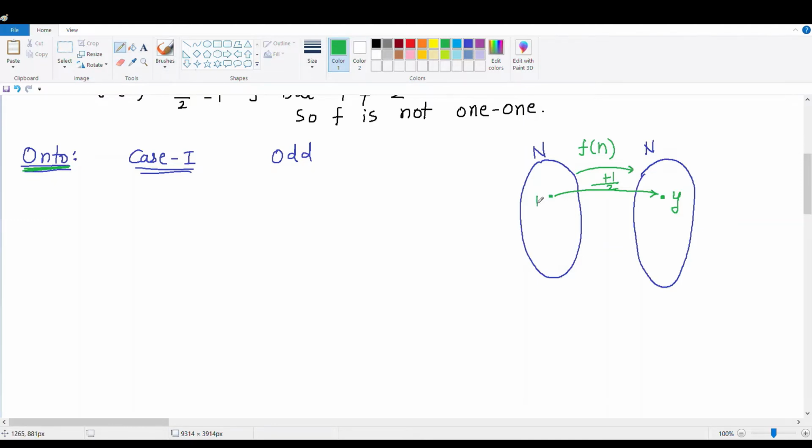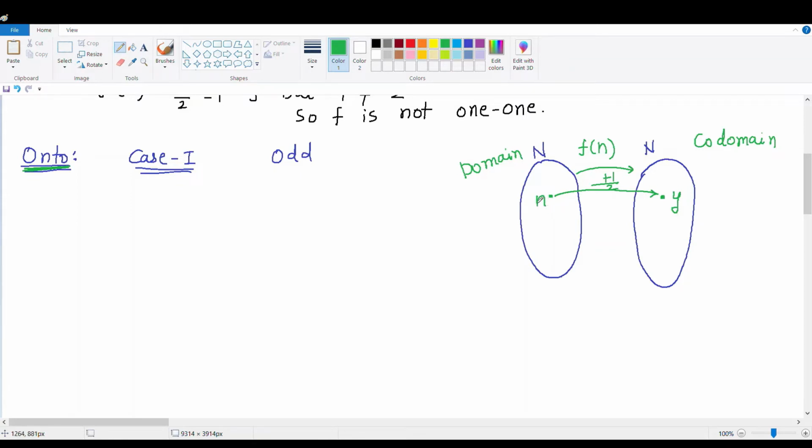Okay. So you can pick any element in your codomain. This is your codomain, this is your domain. So let's say you are picking some element y from your codomain, and you are checking whether it will have a pre-image or not.